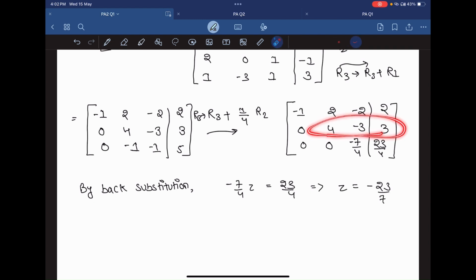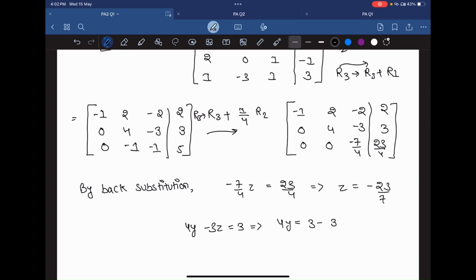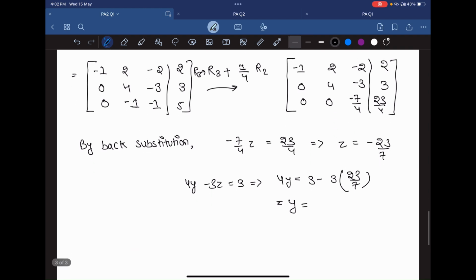And from this, we will get 4y minus 3z is equal to 3. So 4y is equal to 3 minus 3 times 23 by 7. So we get y is equal to minus 48 by 28, that is minus 12 by 7.